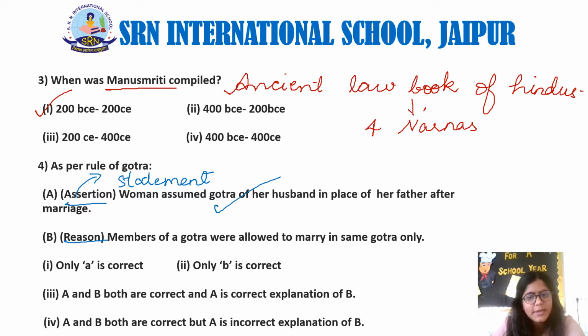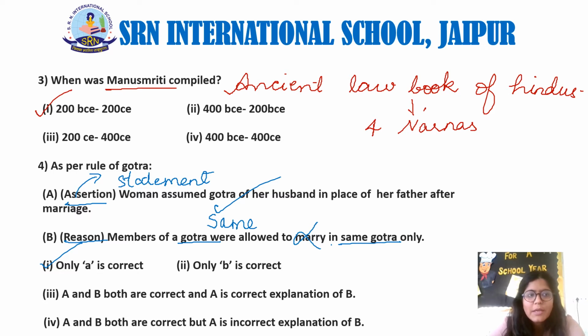This one is correct, because as you all know, in today's Hindu society as well, women leave their father's name behind and continue with their husband's surname and their husband's Gotra. Reason: members of the same Gotra were allowed to marry in the same Gotra only. No, this is incorrect. As we all know, people belonging to the same Gotra are not allowed to marry each other. So the answer to this question would be only A is correct.